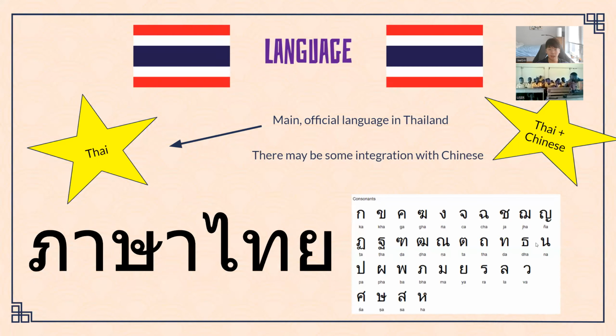And on the bottom here, I showed just different characters and consonants on the right. That is basically the Thai alphabet, like A, B, C, D, E, F, G, and continues on. That's how it's written on the left if it forms a word.